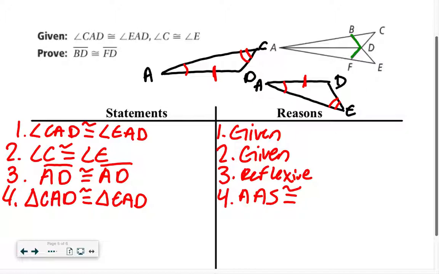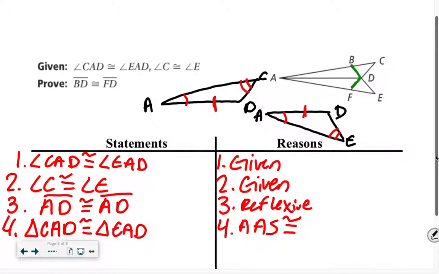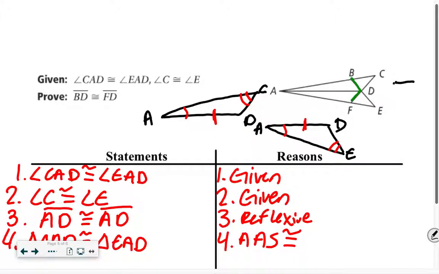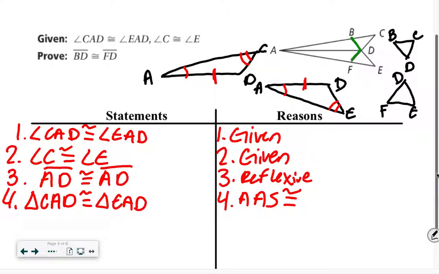So what if we made more triangles? Those sides aren't in the triangles we already have. So we have triangle BCD and triangle FED. Two triangles, I promise that's it.